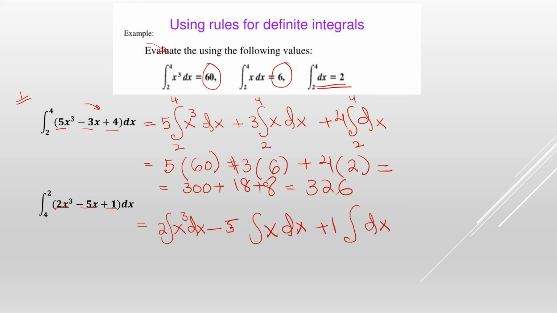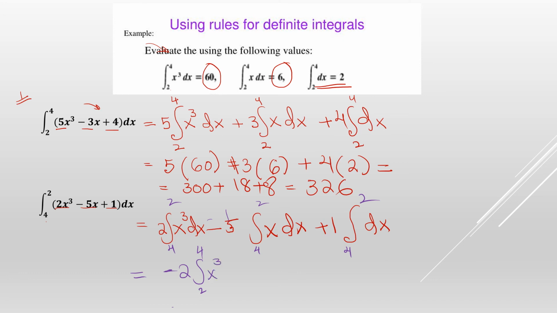Now have a look. Your limits are from 4 to 2, so for every term we are writing 4 to 2, as given in our question. But the given data is from 2 to 4, which means you have to change the positions. Whenever you change the positions of the upper and lower limits, you have to write a negative sign before the constant.